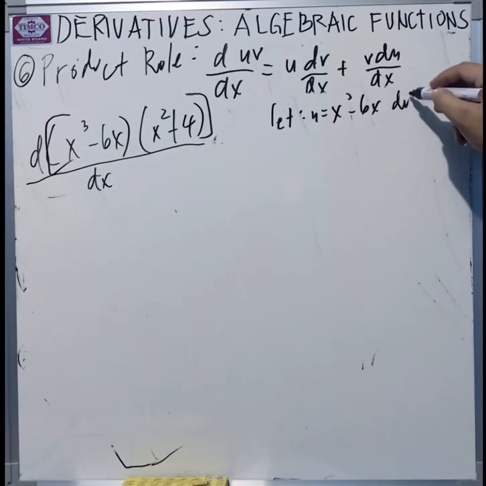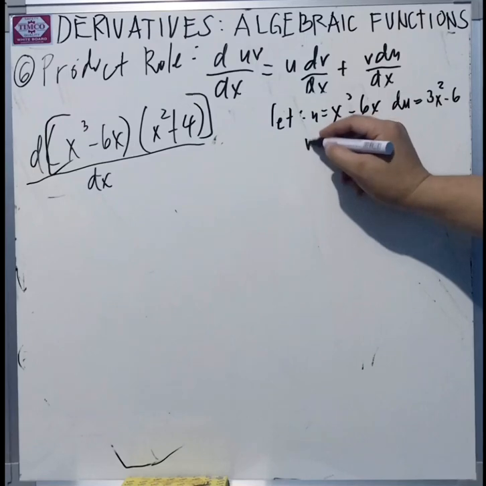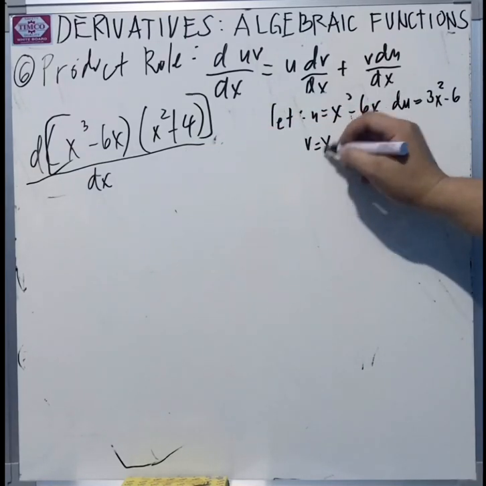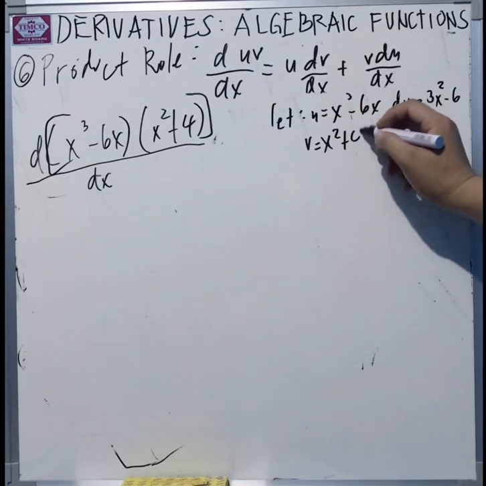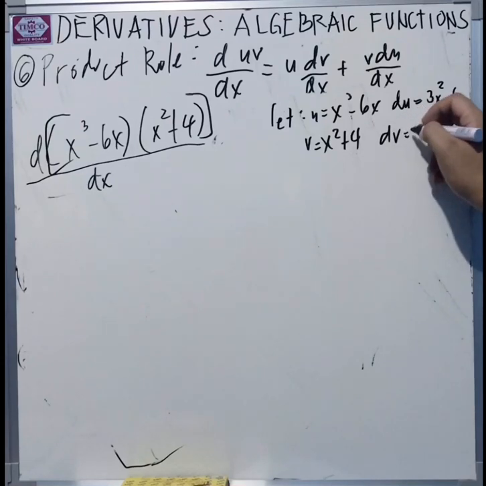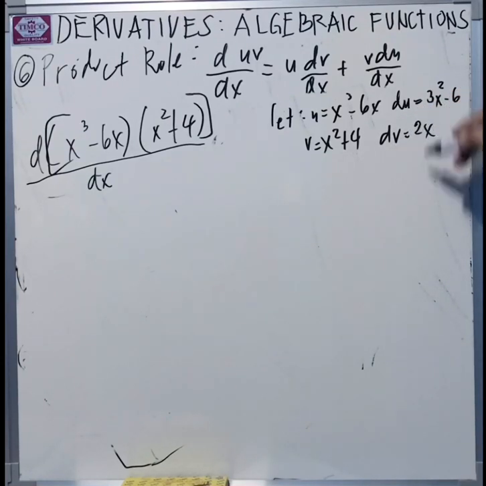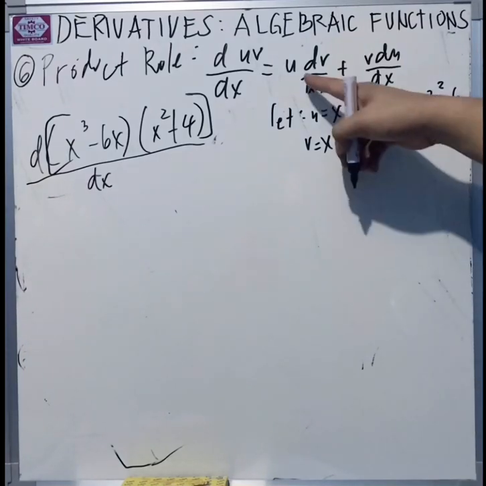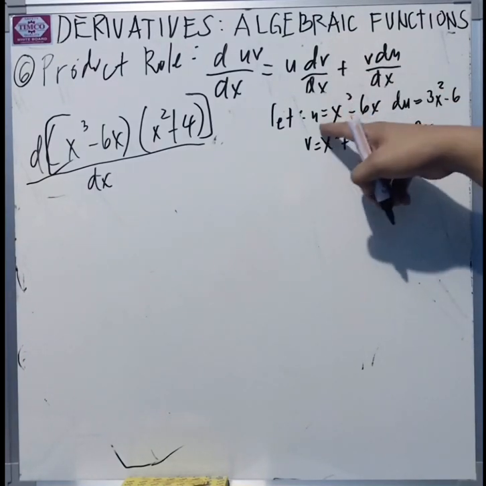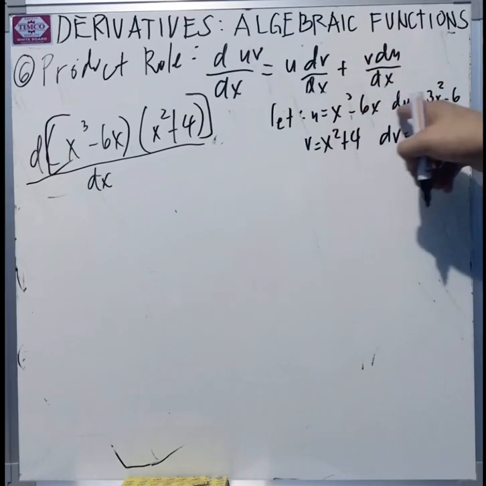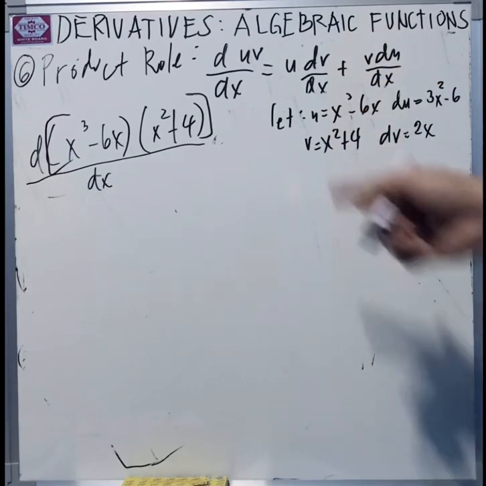Ang du natin, derivative ng u, is 3x squared minus 6. Diba? And we have v equal to x squared plus 4. Ang dv natin is 2x. Diba? So ngayon, meron tayong value ng u, dv, v, and then du. Substitute na natin siya sa formula.